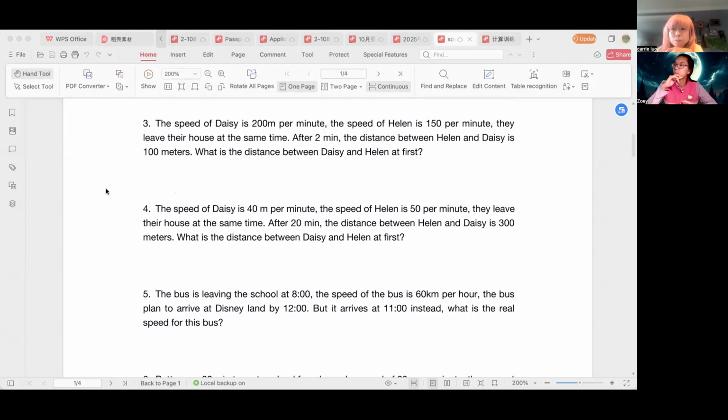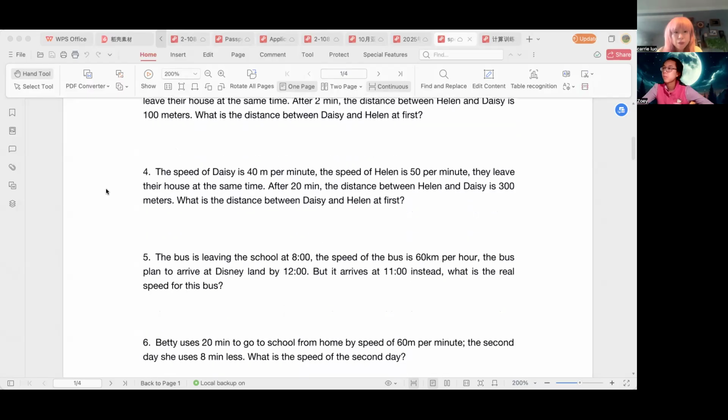Easy. 2,100 meters? Very good. Number 5.